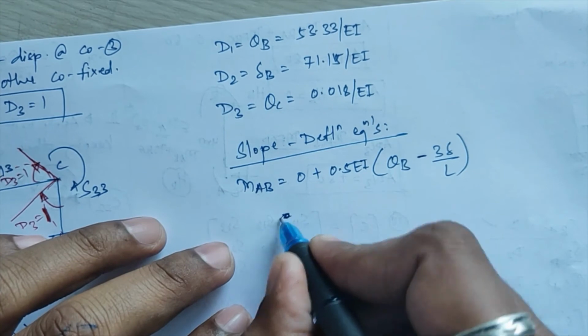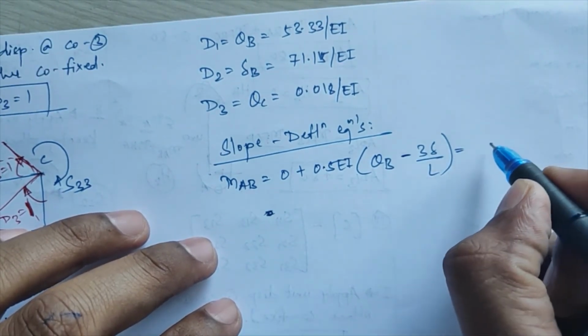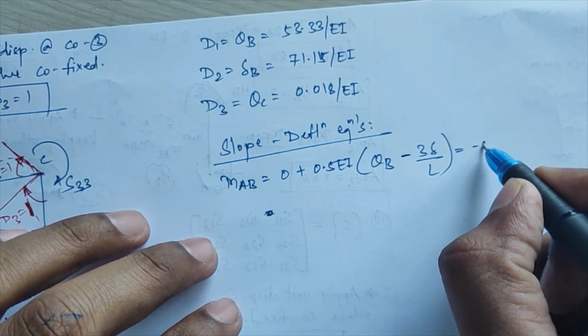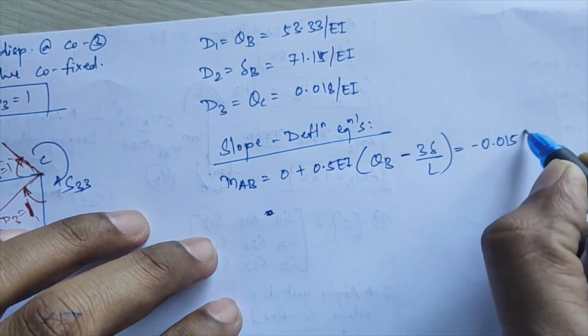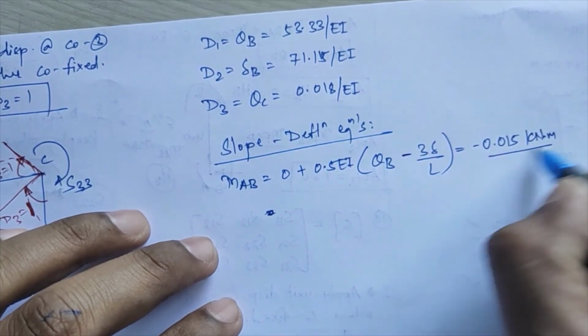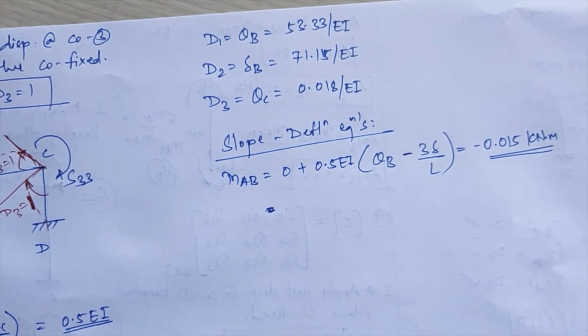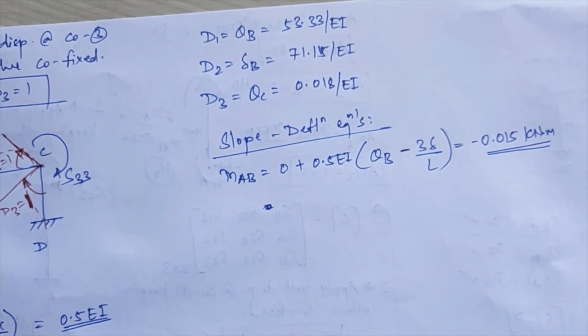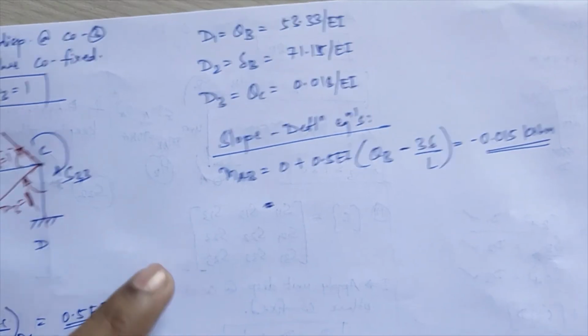So if you calculate this, MAB I am getting as minus 0.015 kilonewton meter, or almost 0 you can say. It is a fixed support, yet you are getting bending moment 0. It is okay, but if you are having a hinged support and you are not getting that bending moment 0, then that will be problematic.